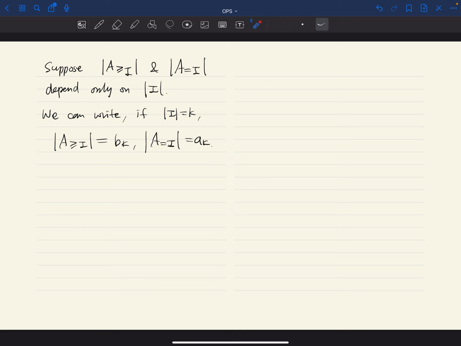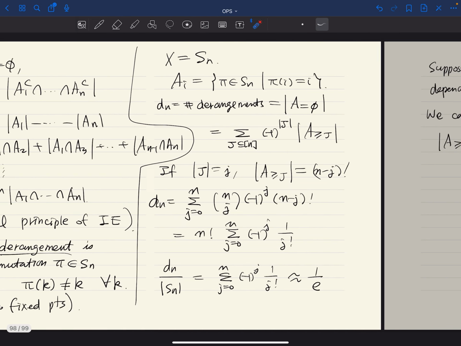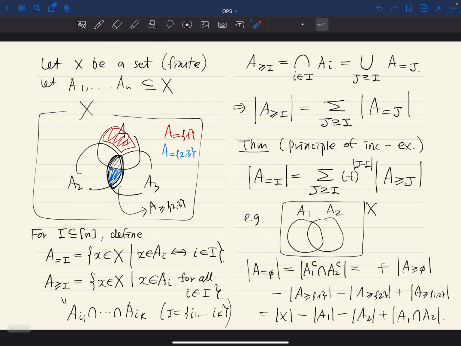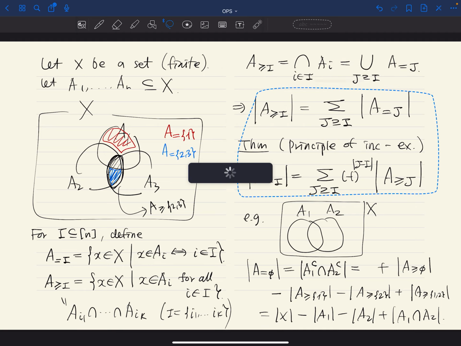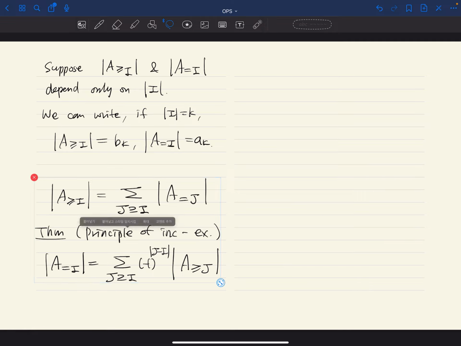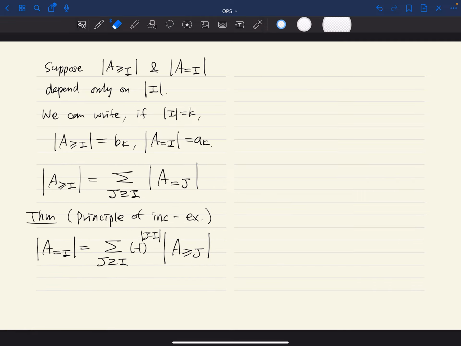Then how can we rewrite? Right. Let me just copy this, so that we can just look at them side by side. Then how can we rewrite these two?